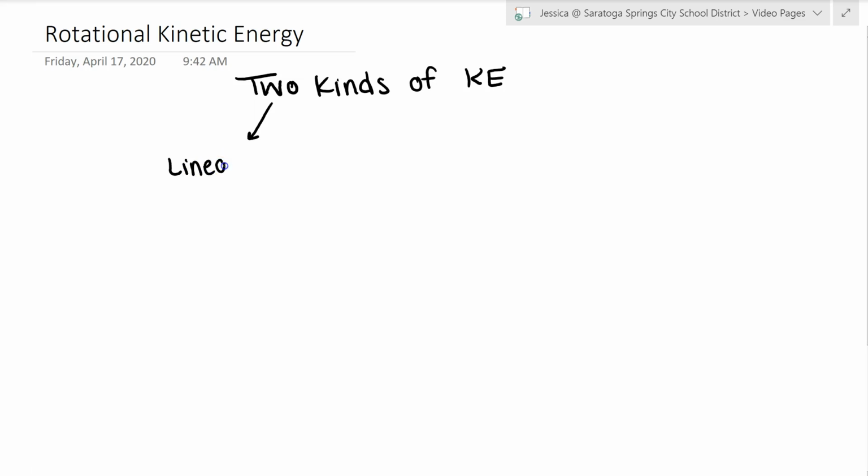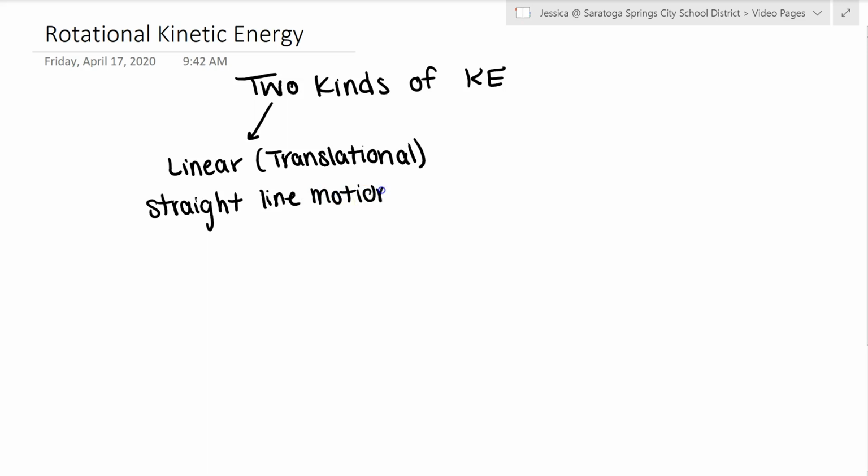It is the linear, or sometimes called translational, kinetic energy, right? And that occurs when we have straight line motion. So your typical ball rolling across a floor, car moving on a street, anything like that.